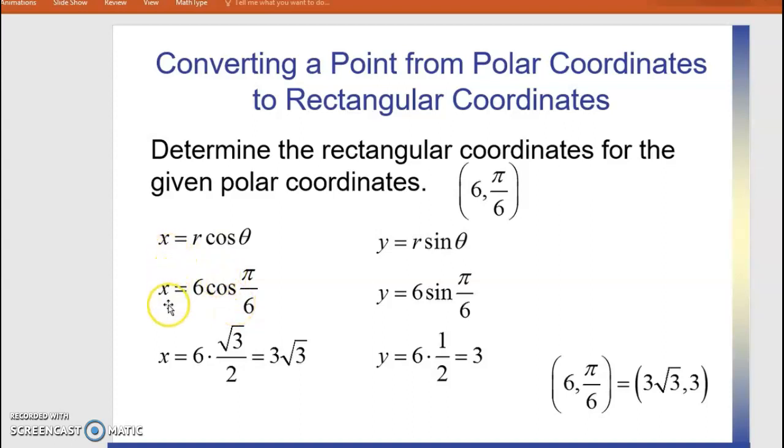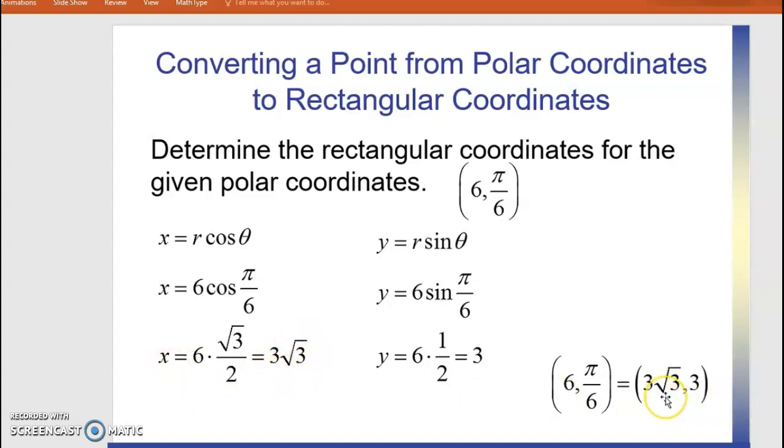So to find the x value of our point, we plug in for r. r is 6. Our angle is pi by 6. So 6 times the cosine of pi by 6, which from chapter 5, you know is the square root of 3 over 2. When we multiply, we end up with 3 times the square root of 3 for the x value of this point.